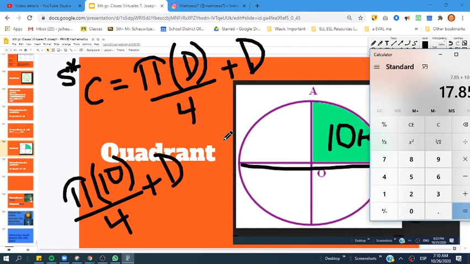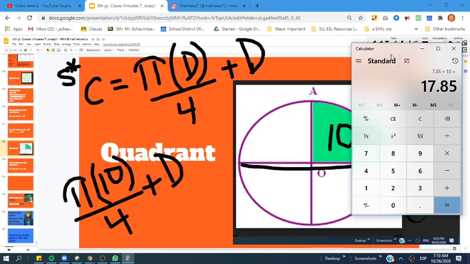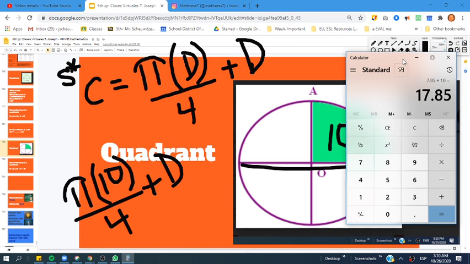So we'll learn more about that, I think, later on. It's just one way to understand the circumference of circles, and then also kind of very briefly expose you to both quadrants and semicircles.